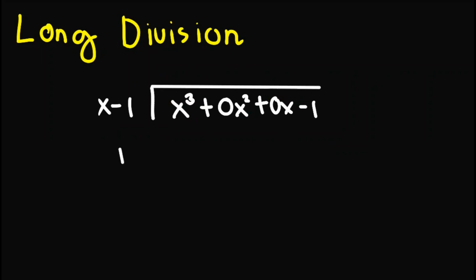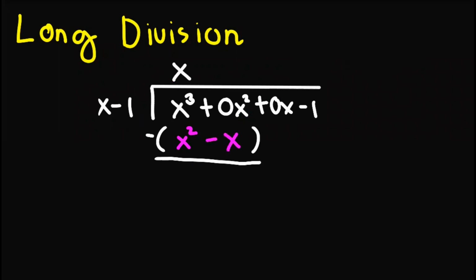And so, let's start the division process. First, we divide this term by the first term here. That will give us x. Multiply the product of this one and this one, and subtract it out here. Then we'll have x times x will give us x squared. X times negative 1 will give us negative x.